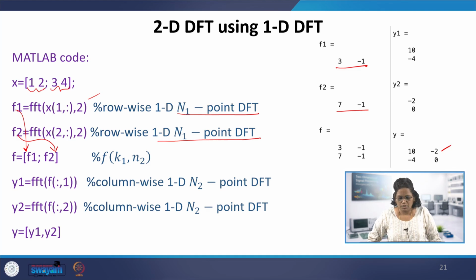So with that, we have given the 2D DFT algorithm, that is row-wise and column-wise computation of 1D DFTs, and how the computational saving can be achieved through this, especially by getting the intermediate signal, and then from that intermediate signal we get the final x of k1 comma k2.